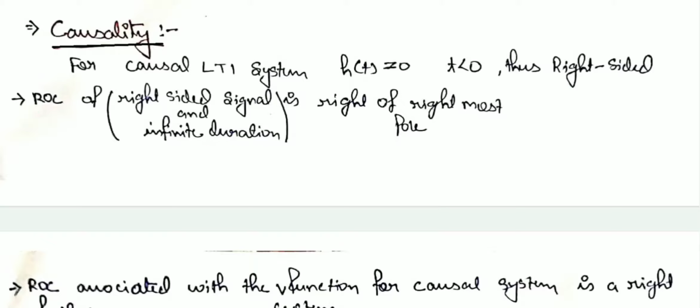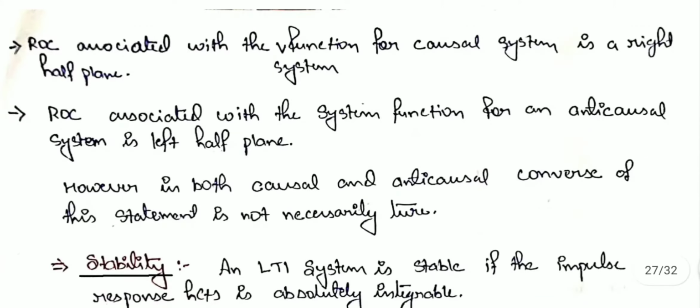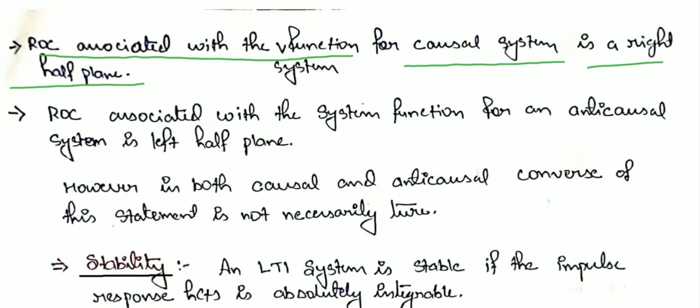And we got one conclusion here, that from the ROC we will find the causality of the system. If the ROC associated with the transfer function for the causal system is right sided, then the system is a causal system.